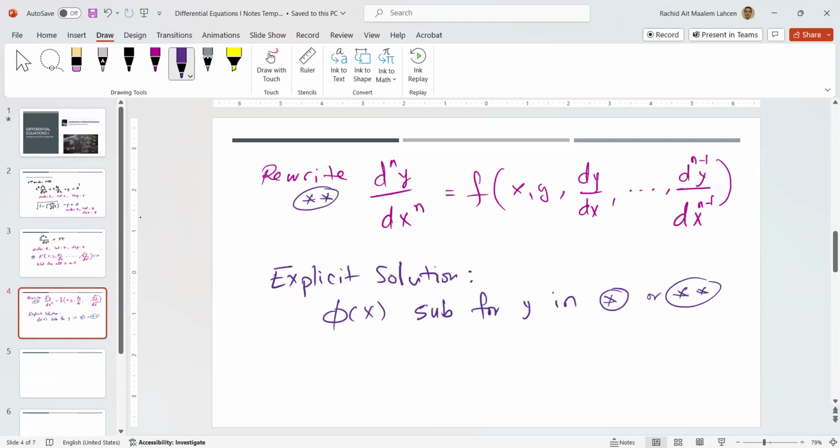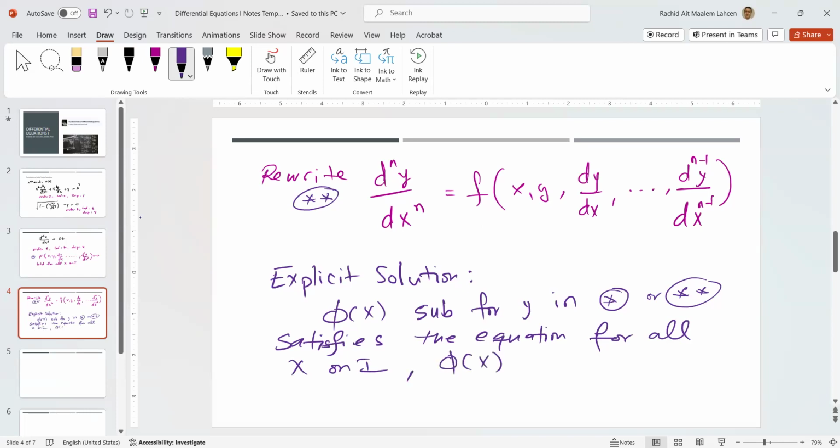So if you have some function and you substitute it for y in this equation, and it satisfies the equation for all x on whatever interval we're looking at, then it is an explicit solution.